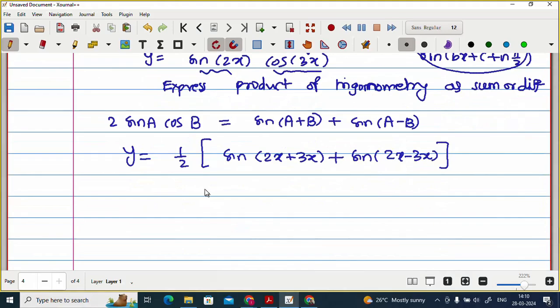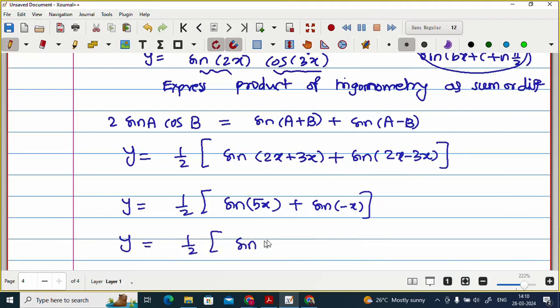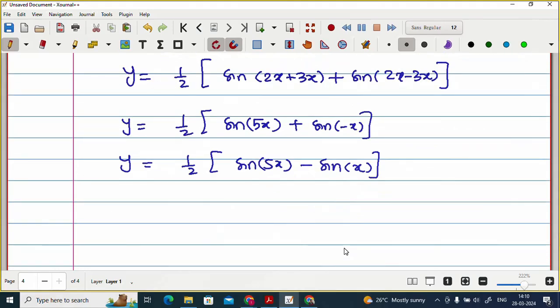So y is equal to 1 upon 2 sin of 5x plus sin of minus x. So y will be equal to 1 upon 2 sin of 5x minus sin of x. Clear?